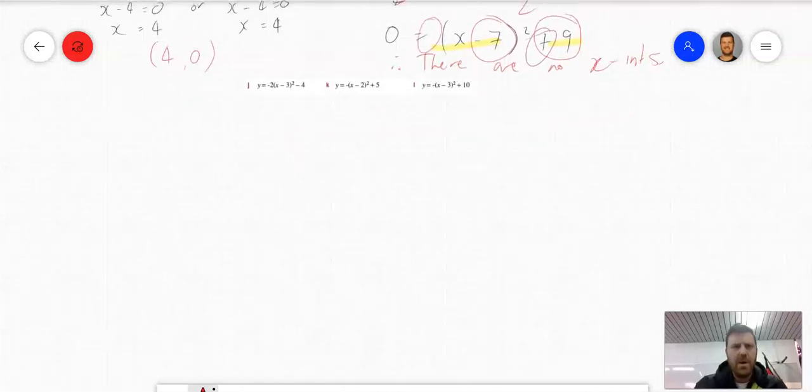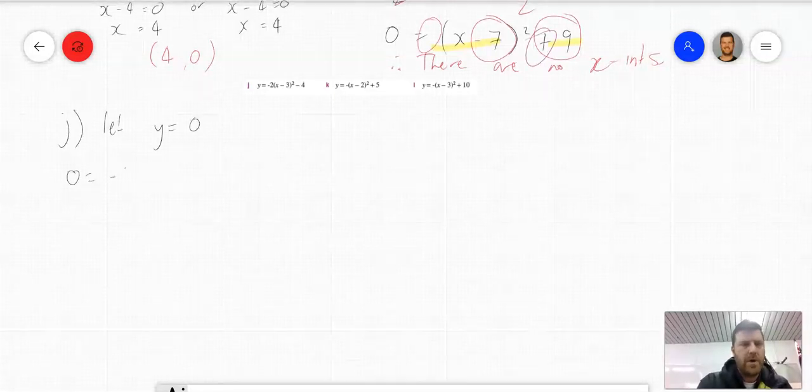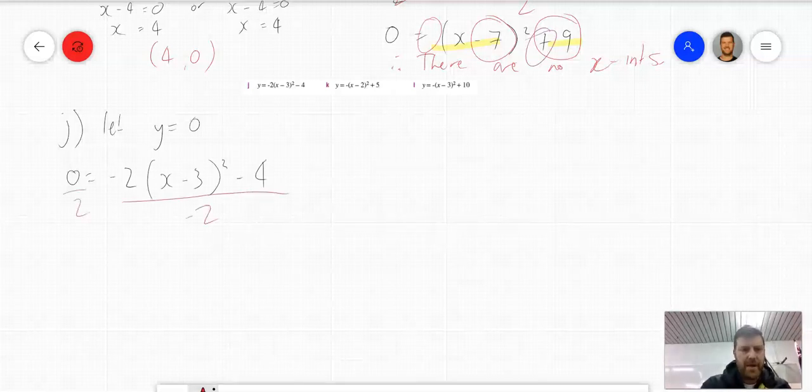So, we've got J. Let's go ahead and write that one in. Again, let y equals 0. So 0 equals minus 2, x take 3, all squared, take 4. I'm going to get rid of that 2, so let's divide both sides by negative 2 to get rid of the negative. So that becomes 1.